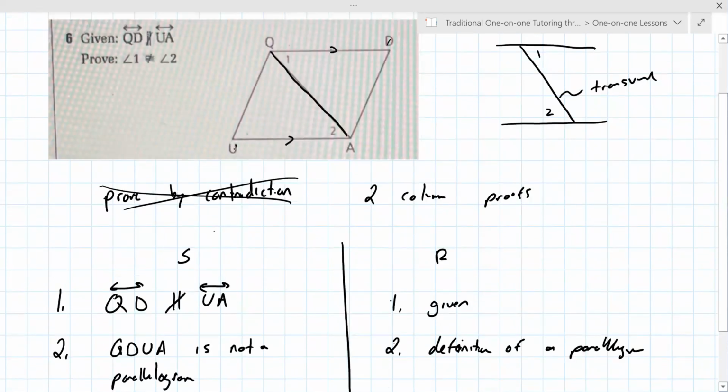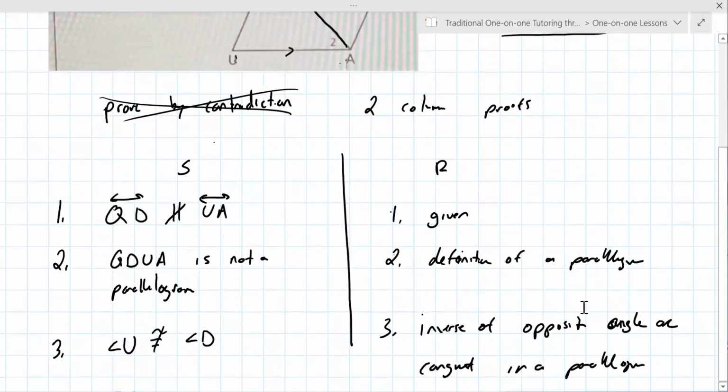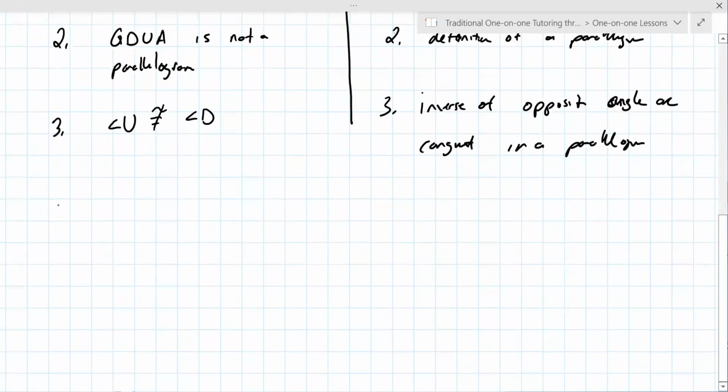So we're going to do the same thing with U and A. We're going to say that UA is not congruent to QD. Okay, the sides are not congruent, basically. Again, this is very awkward. You can see why you wanted help with this. But we would say UA is not congruent to QD.